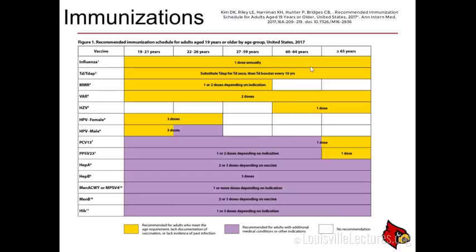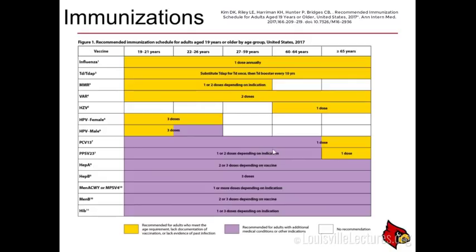Then when you get into special populations, so people that are at higher risk, like people with chronic lung disease, like the guy in our STEM, the recommendation is to get both. He would get the Pneumovax, the 23, before age 65, and then get the Prevnar at 65, and then he would get the Pneumovax again.